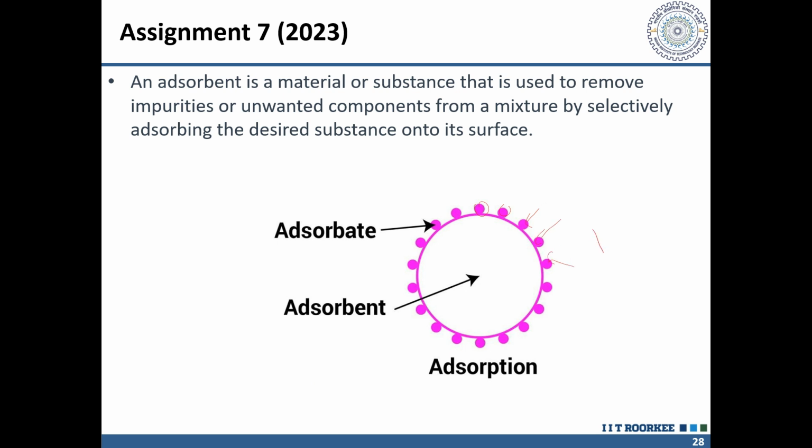And this is not a chemical phenomenon, but mostly physical bonding between them. So an adsorbent is a material that is used to remove impurities from a mixture by selectively adsorbing the desired substance onto its surface.